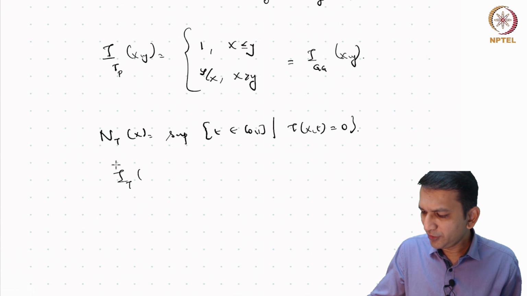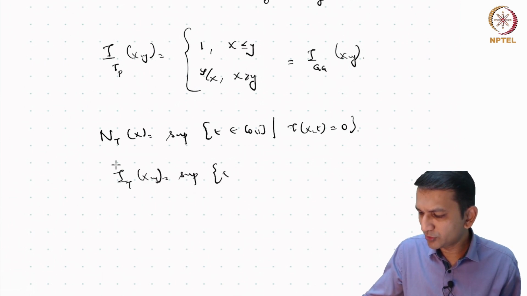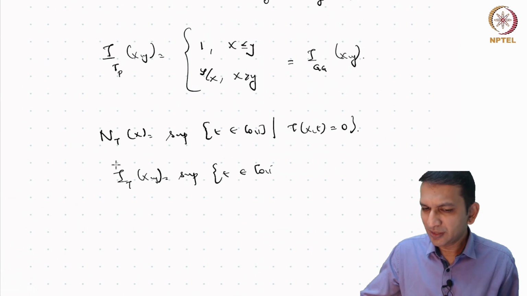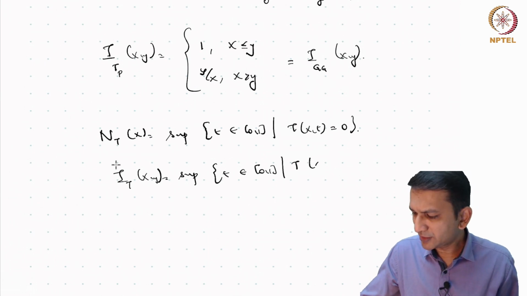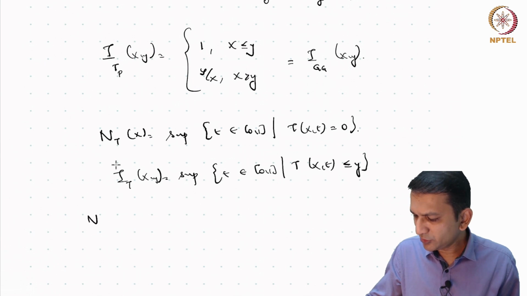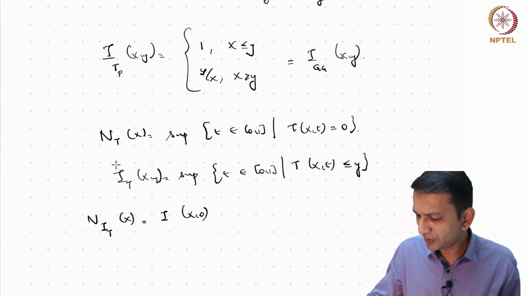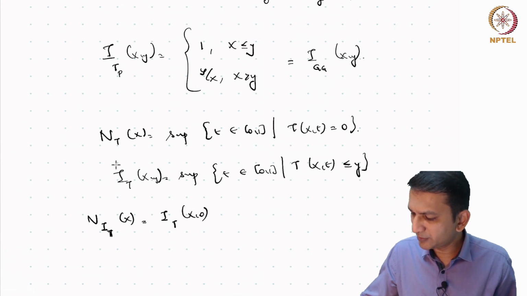Now, I_T(x, y) is defined as the supremum of all those t element of [0, 1] such that T(x, t) is less than or equal to y. And we know that the natural negation of an implication is nothing but I(x, 0). So if it is I_T, then it is I_T(x, 0).